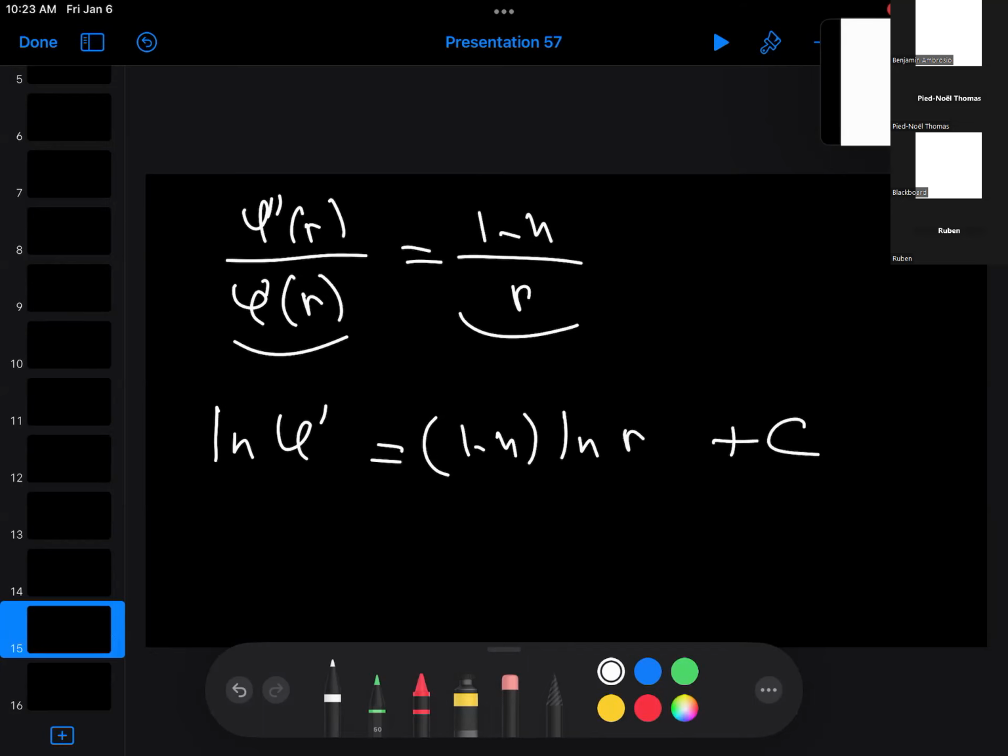If I take the exponential, phi prime equals r to the 1 minus n times a constant.